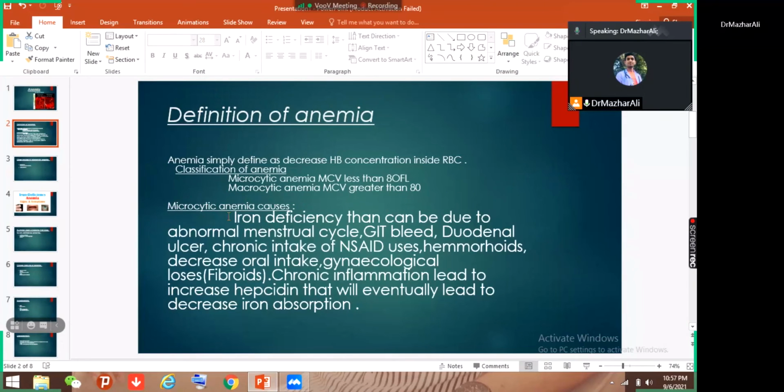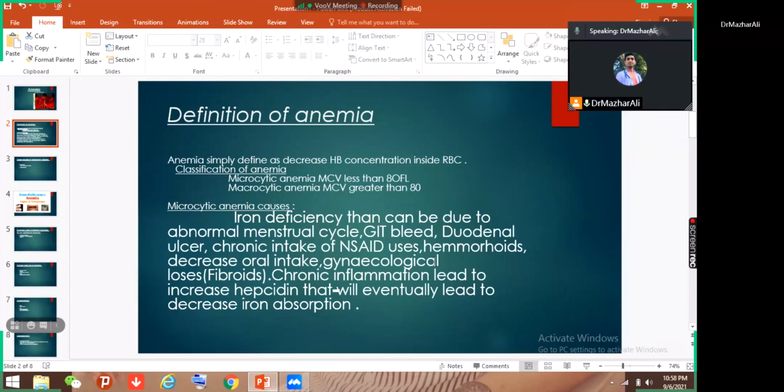So what are the causes of microcytic anemia? These are a few causes. The first cause would be iron deficiency. Iron deficiency itself has many causes. So what are the causes of iron deficiency anemia? It can be due to abnormal menstrual cycle, GIT bleed, duodenal ulcer, chronic intake of NSAIDs, hemorrhoids, decreased oral intake, gynecological losses like fibroids, and chronic inflammation.